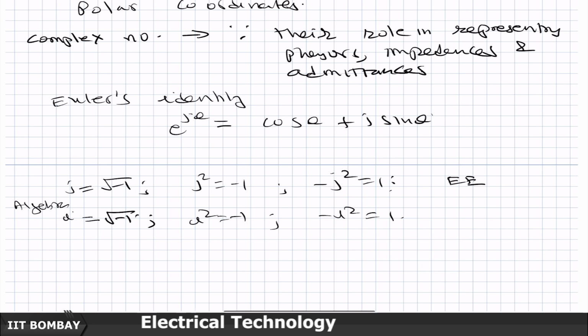electrical engineers refer to the unity imaginary number as j, simply because of the fact that i is already reserved for representing current. So, we need another symbol. So, we use j, the very next alphabet after i.